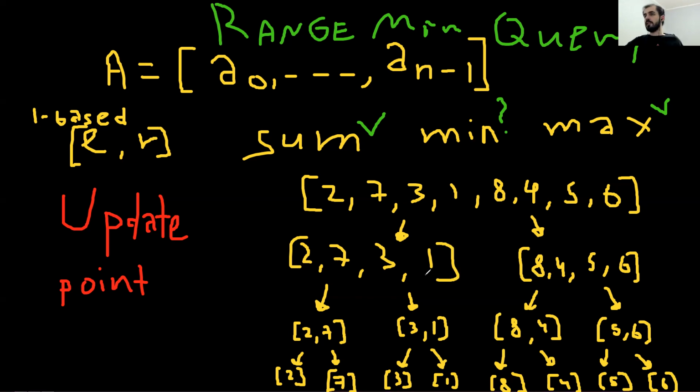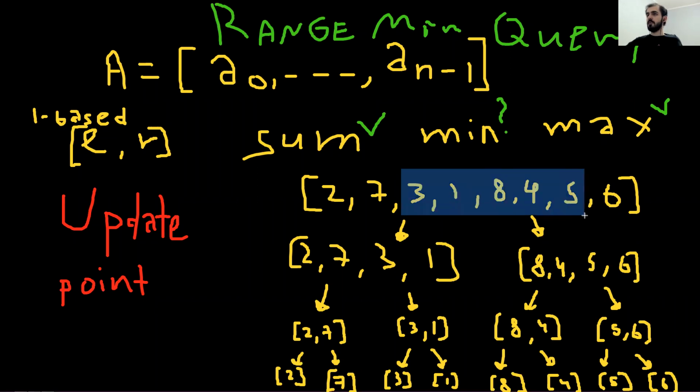Why is this actually good? This is good because every segment that somebody asks you decomposes nicely into a logarithmic number of segments. For example, let's assume somebody asked, what is the minimum on that query? So this node of the segment tree says, I don't know, that's not my segment, go ask somebody else.